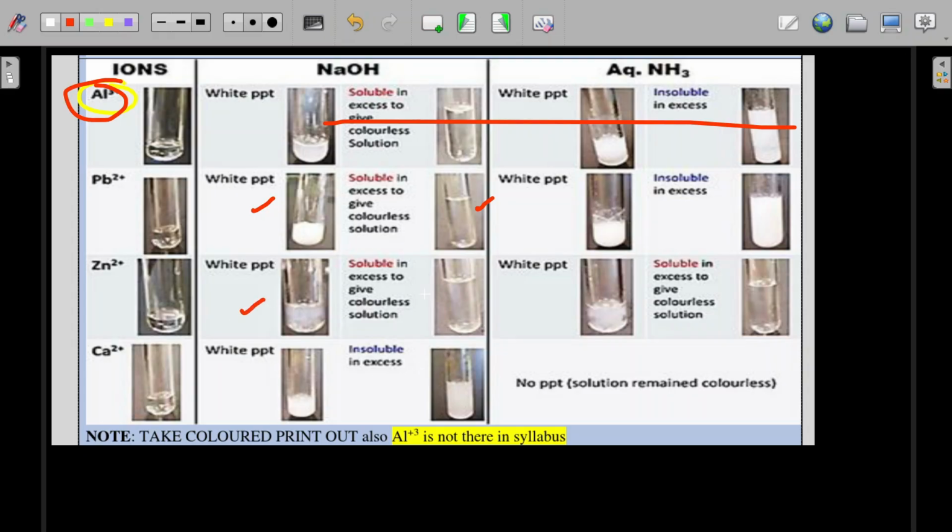Zinc again, white PPT, soluble in excess of NaOH. Calcium, white PPT, it remains insoluble. So only white PPT which is remaining insoluble in NaOH, that is calcium compound, calcium ion. And here aqueous ammonia for lead remains insoluble, only zinc is soluble in excess, no precipitate with calcium.